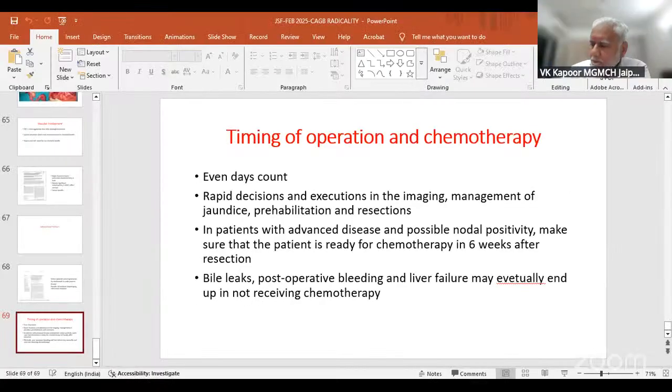Thank you, Biju. But I would voice some differences of opinion, and I will ask some pointed questions to you. Number one, you said that if you can achieve R0 resection, then it doesn't matter what T or what N stage it is.